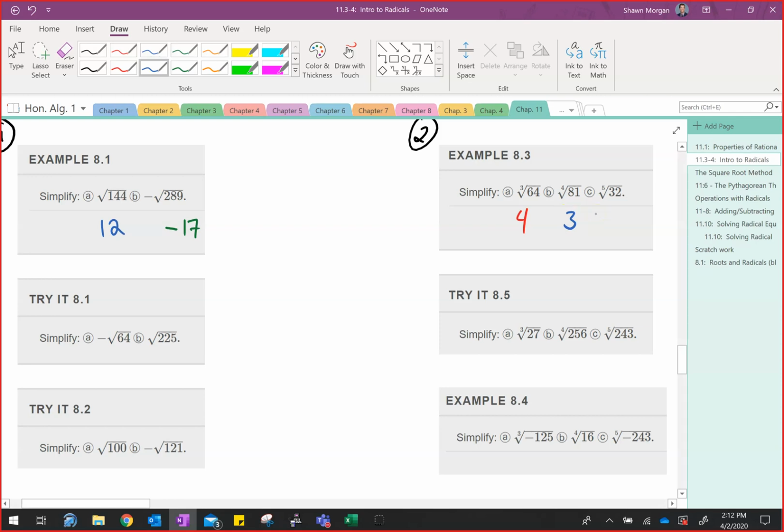And then lastly, how about the 5th root of 32? My mind went blank over Wednesday, so I forgot all of this. That's all good. Think about it. Can you think of a number that when you multiply it by itself 5 times equals 32?